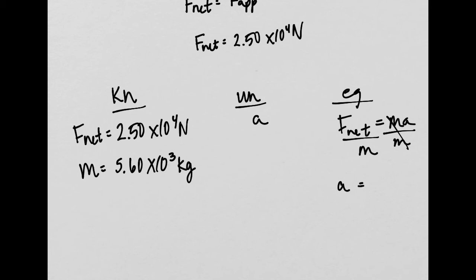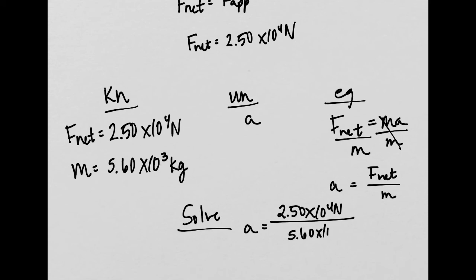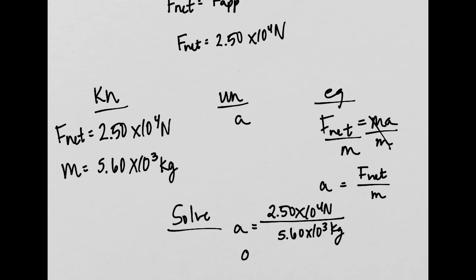So we get acceleration equals net force divided by mass. Plug everything in and solve. If I plug that into the calculator, I get that the acceleration of my two objects is 4.46 meters per second squared, with three significant figures. Cool.